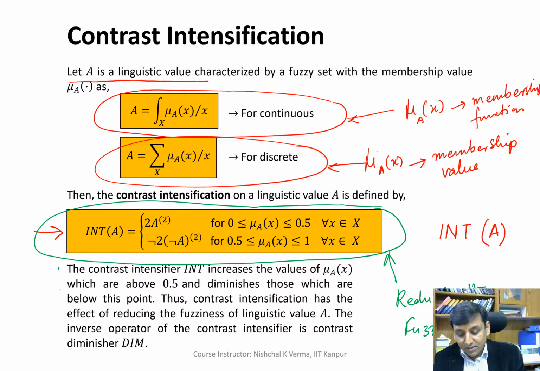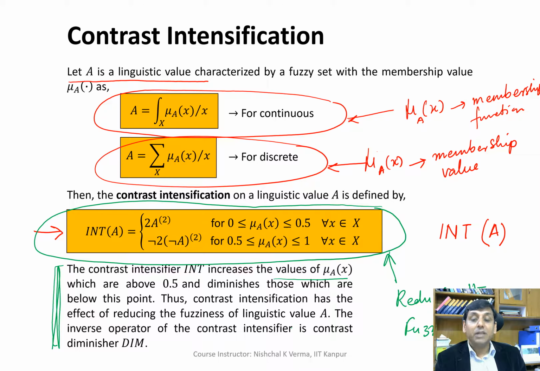This paragraph mentions the same. The contrast intensification INT increases the values of mu A of x which are above 0.5, and diminishes, that means reduces, those which are below 0.5 as the membership value of the fuzzy set A or the linguistic value A. Thus, the contrast intensification has the effect of reducing the fuzziness of the linguistic value A.